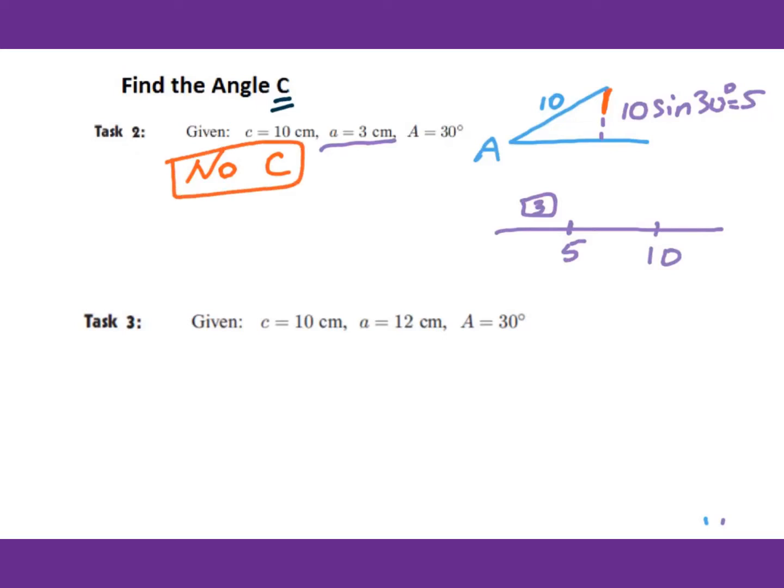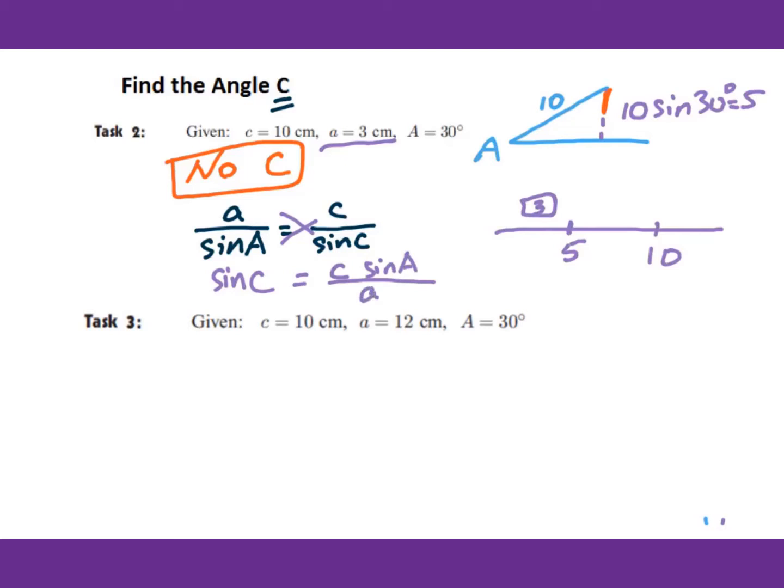You can also use Sine Law to figure out. We know a over sine A equals c over sine C. And cross multiply, sine C equals c sine A over a.